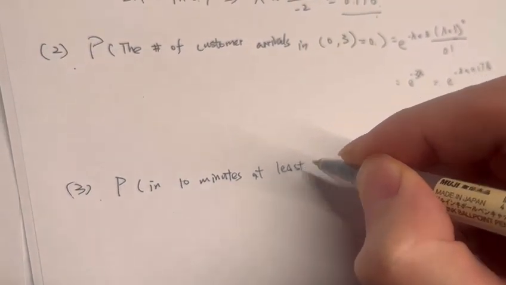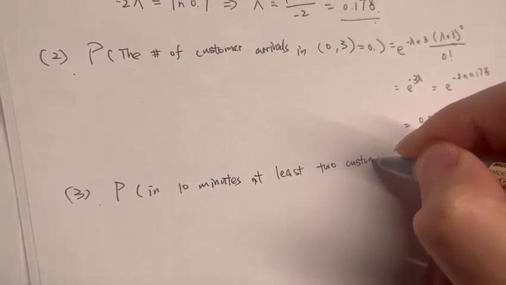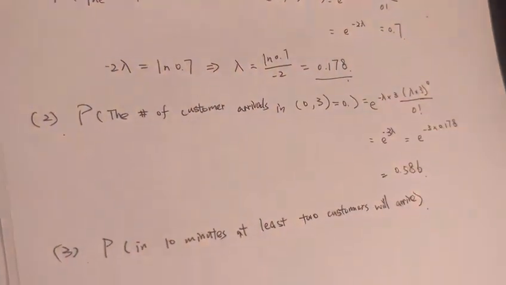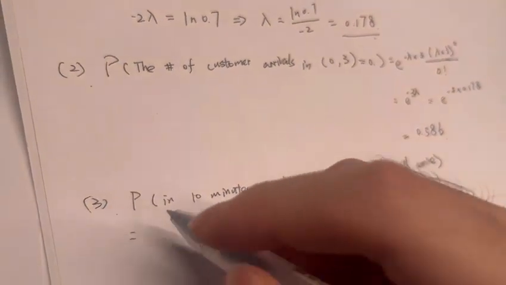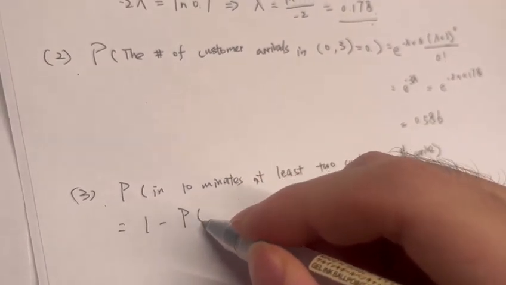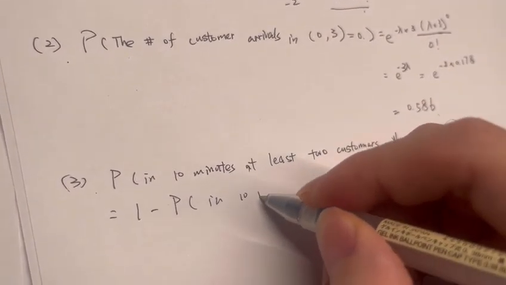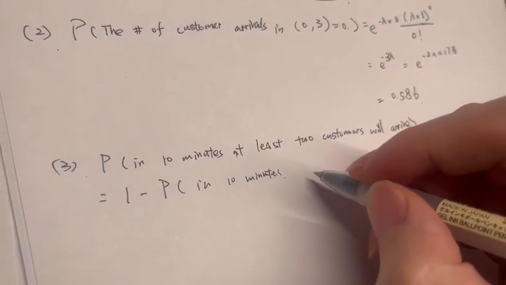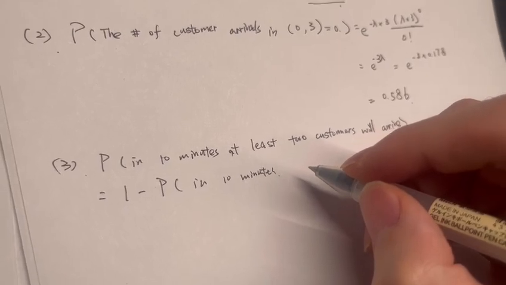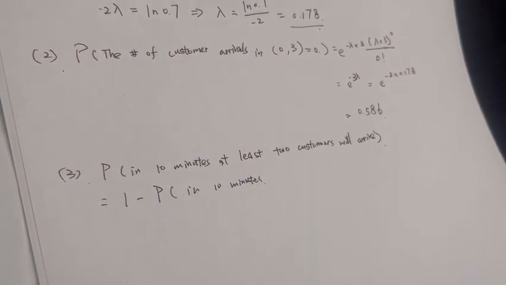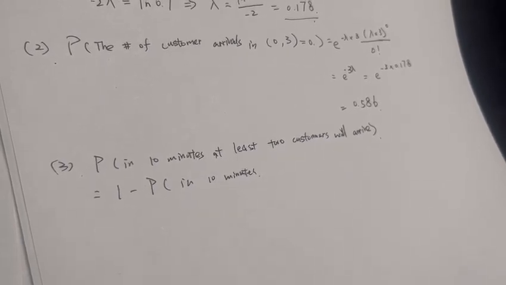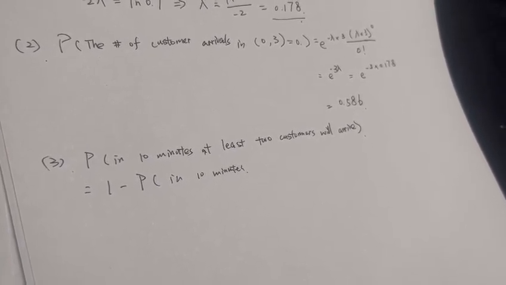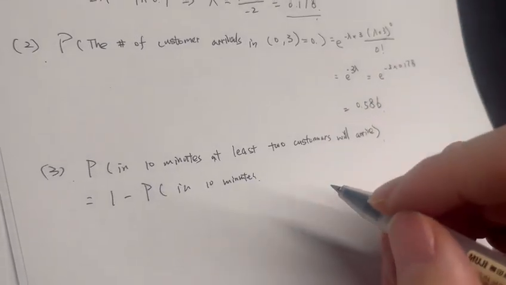We cannot directly use this form, so we change it. It equals 1 minus the probability that in 10 minutes at most 1 customer arrives.